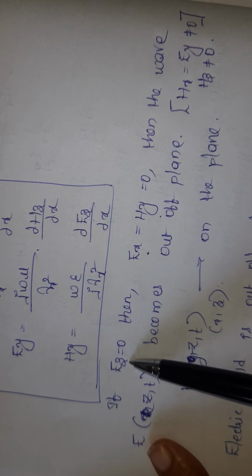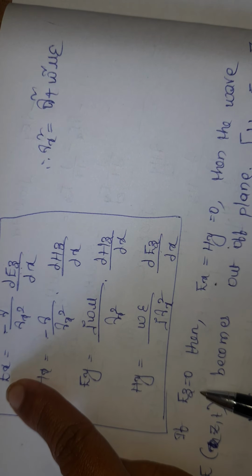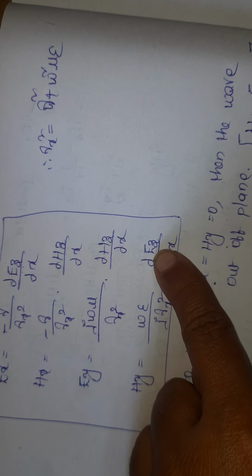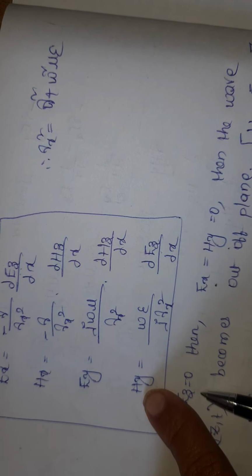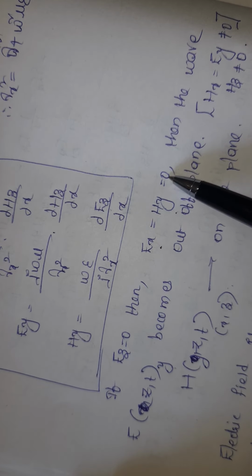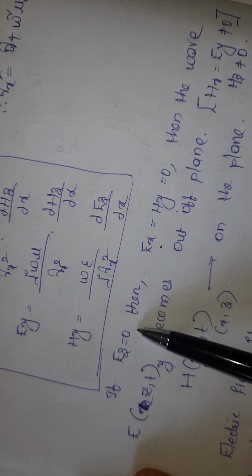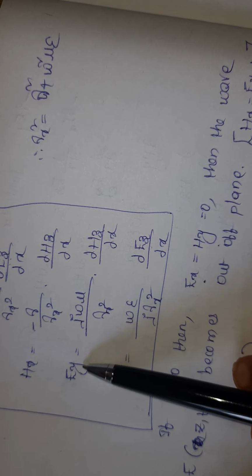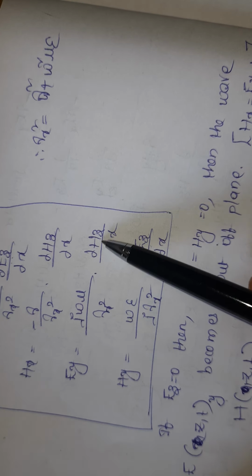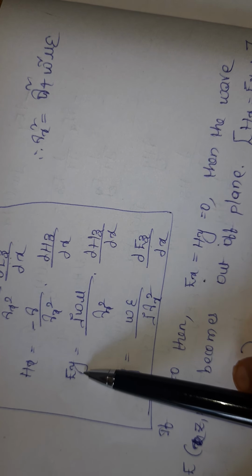If Ez is equal to 0, if I substitute Ez here, Ex is 0. If I substitute Ez equal to 0 here, I will get Hy 0. So Ex is becoming 0, Hy 0. What about Ey? Ey is not equal to 0 because it is involving the term Hz, not Ez.